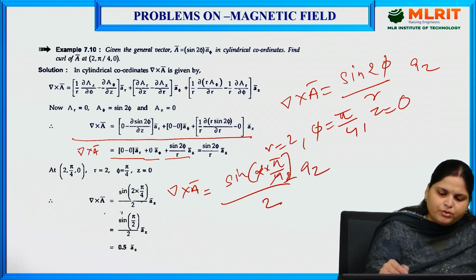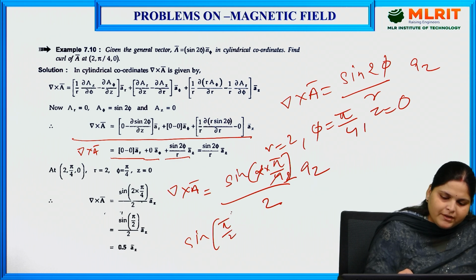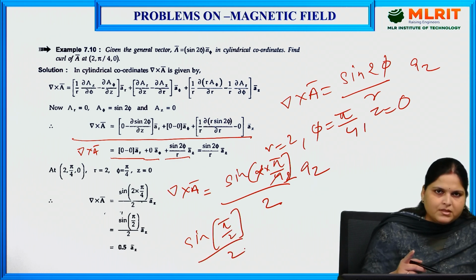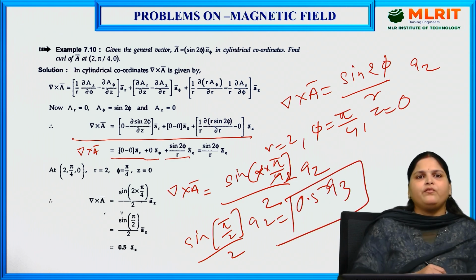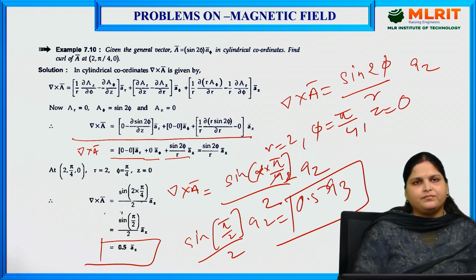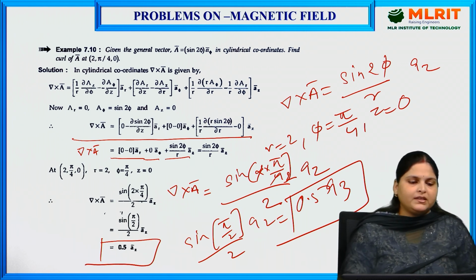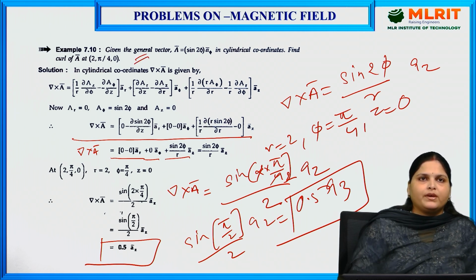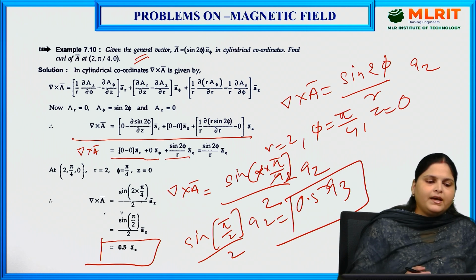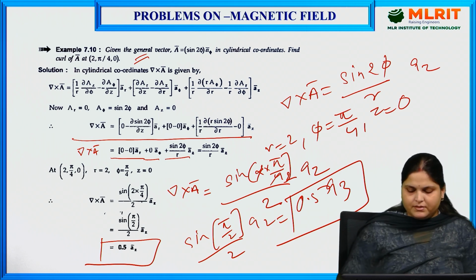Here we get sine pi by 2 by 2, means sine 90 is 1, so a_z times 1 by 2 is equal to 0.5. So the answer is 0.5 a_z. That is how we can calculate the curl of A in this question by using the curl equations with the del operator, and we calculated it at (2, pi by 4, 0), right?